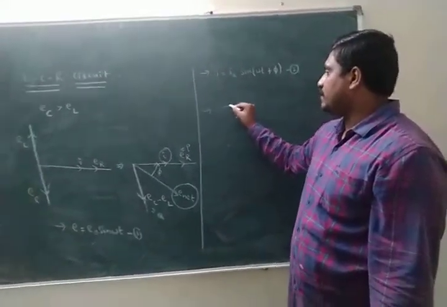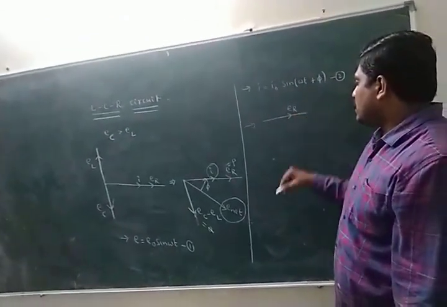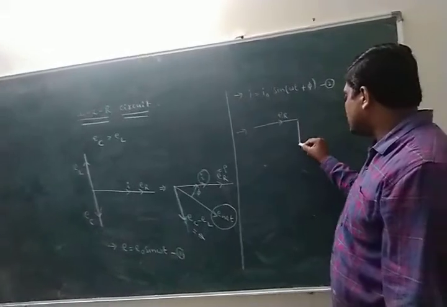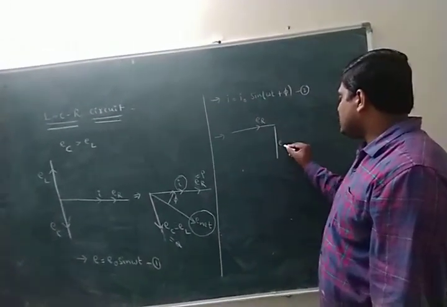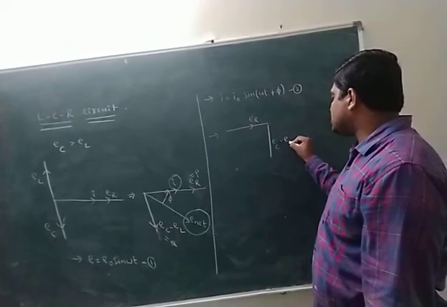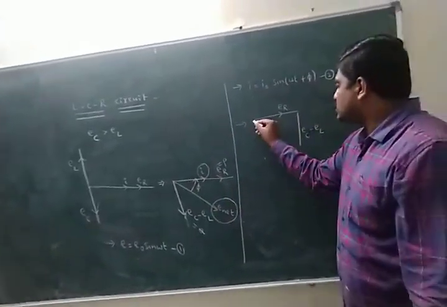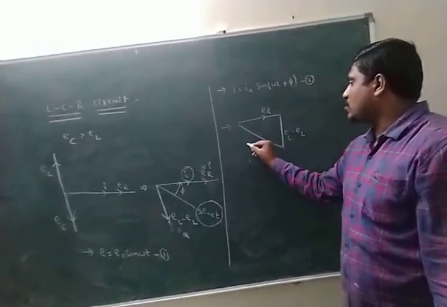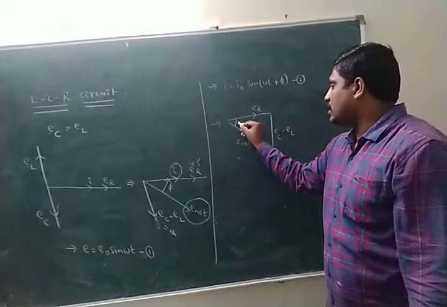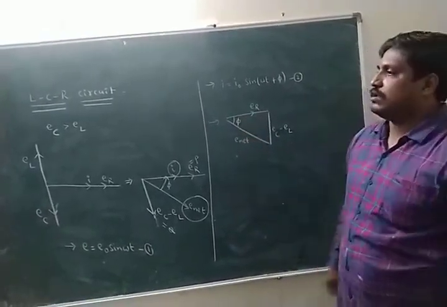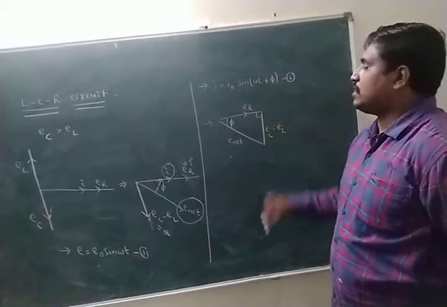Same diagram I take. Look here. This is ER. Look here, Nana. Okay? This is EL. EC minus EL. Look here, parallel same. What is this called? E net. This is the angle phi. In this situation, this is the right angle triangle.